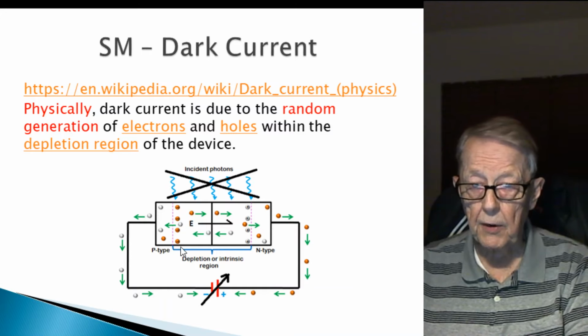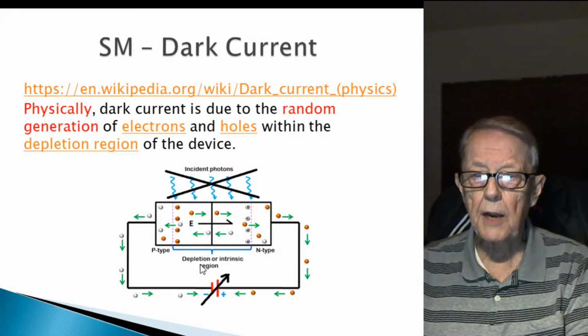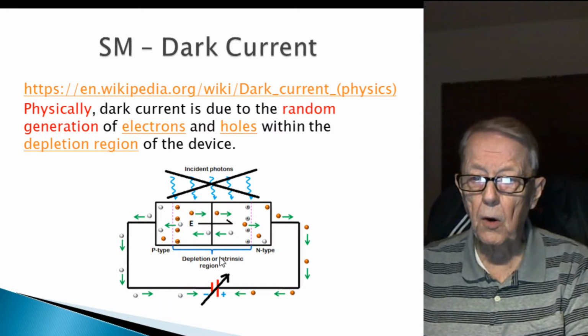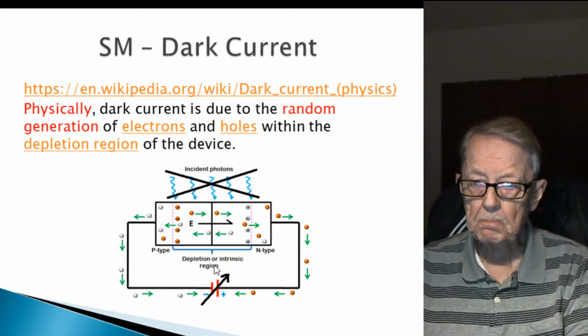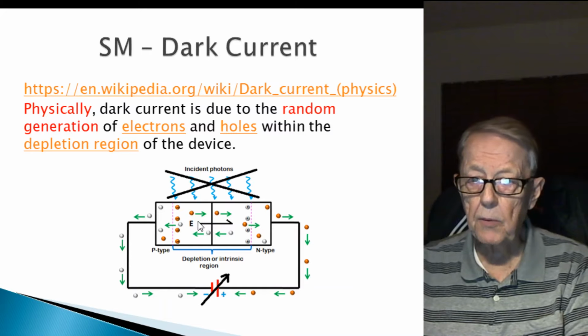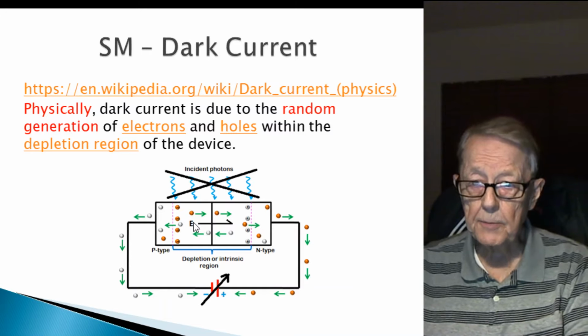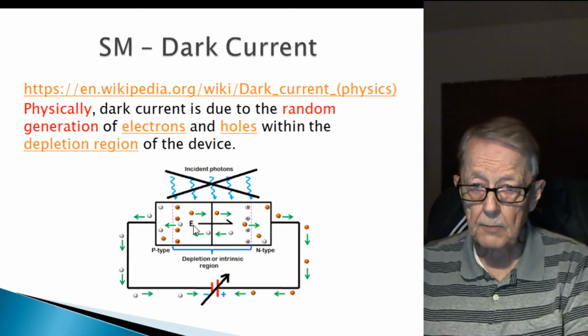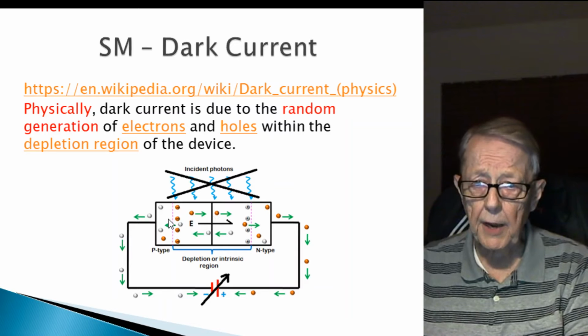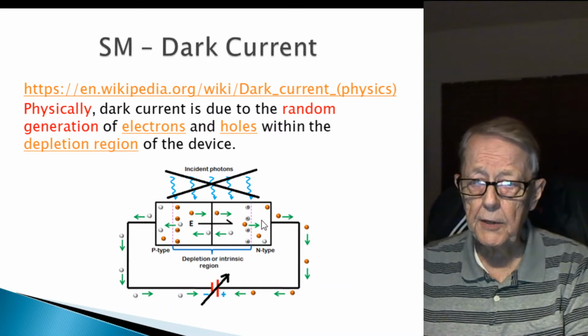They show it very large to give themselves enough room to explain. Notice it's not only the depletion region or intrinsic region. The intrinsic region is a large area where it's not doped. It's just a standard substrate. And of course, the photodiode has a p-type region, and it has an n-type region.